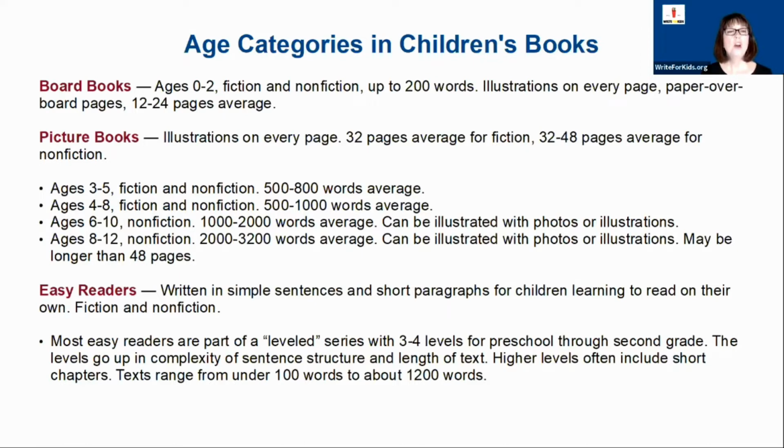So these are just very general word counts and age breakdowns in the picture book category. And you see there's a little overlap in the ages, but that's because kids have a wide range of interests and ability to comprehend subject matter.